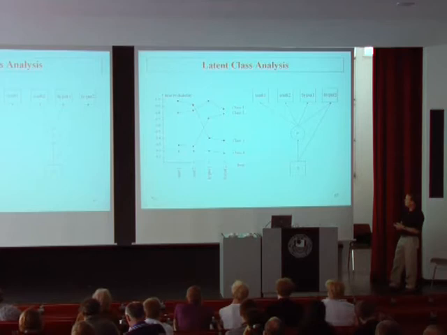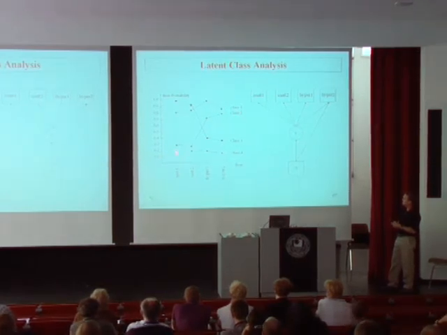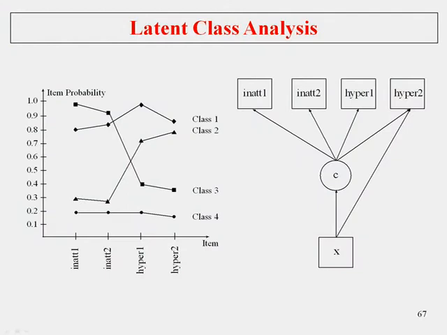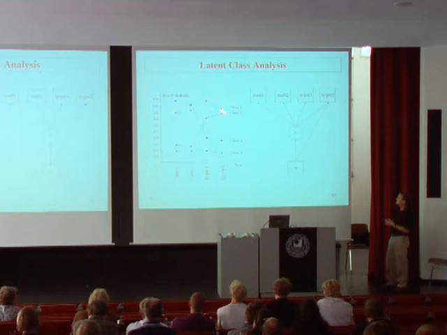Here's a profile of individuals who are in class 4, and they have a low probability relative to the other classes, low probability of endorsing any one of these 4 items. So we can think of class 4 as the normative class. If we have a general population sample, the probability of fulfilling these items is fairly low for all kinds of items of this kind. So you have a low profile, as opposed to, say, class 1, where the profile is high, the probability is high to endorse either one of these or all of these items.